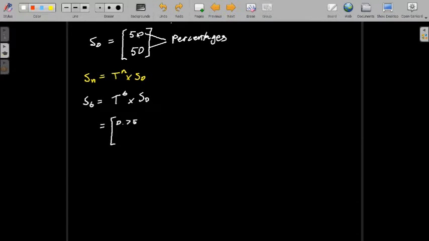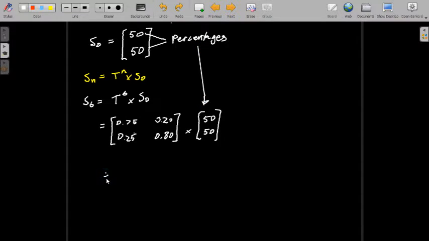Because we've changed them into percentages, we don't know how many customers start specifically in this example. So we just finish the transition and multiply it by our new initial state, which is 50 and 50, remembering this is in percentages.